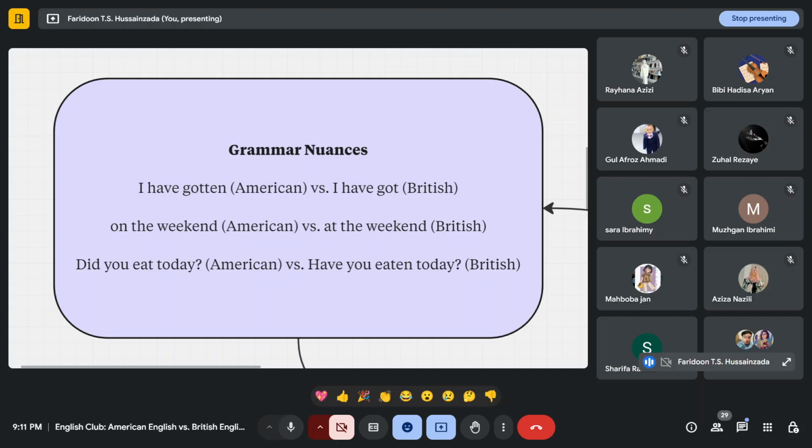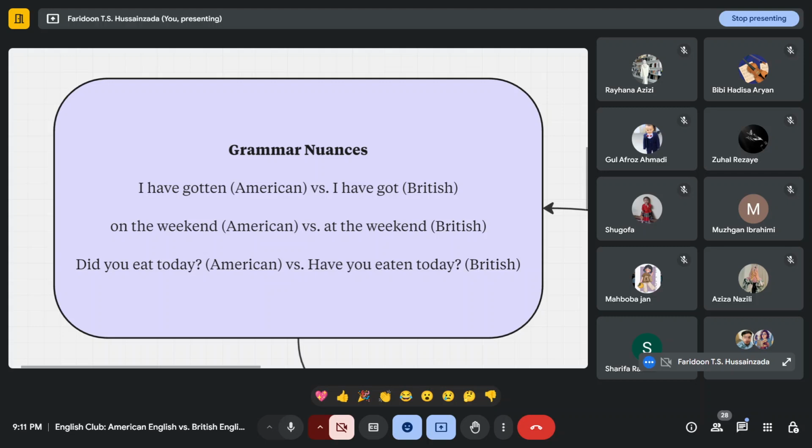So the first difference we have is in the word "gotten" and "got", and this one I believe was mentioned by one of your friends when they were talking. In American English, the verb three of get is gotten, but in British English, the verb three for get is got. So it's the same as verb two.